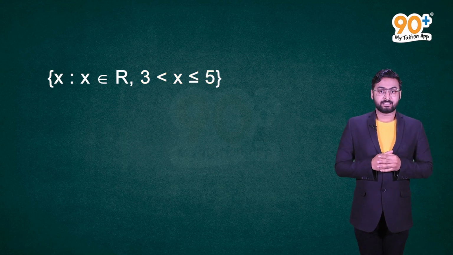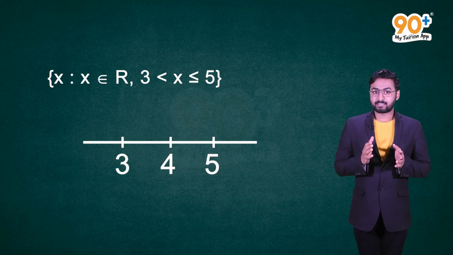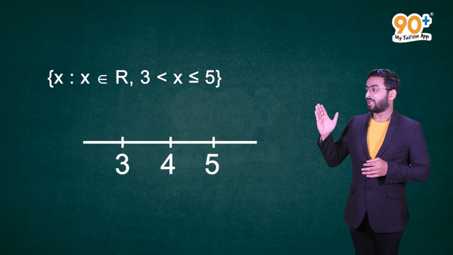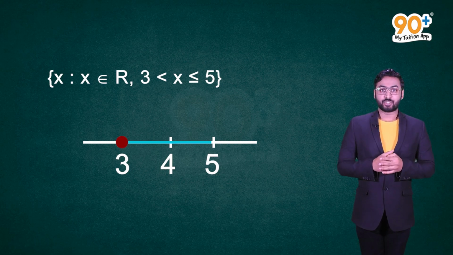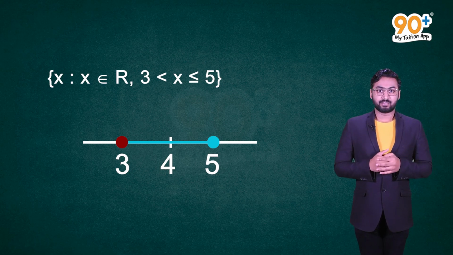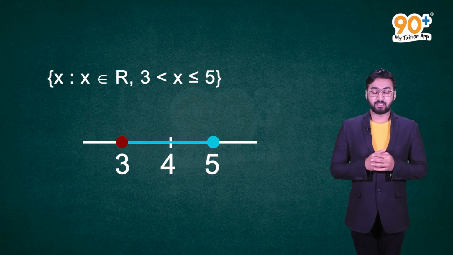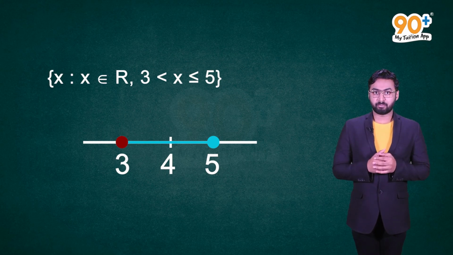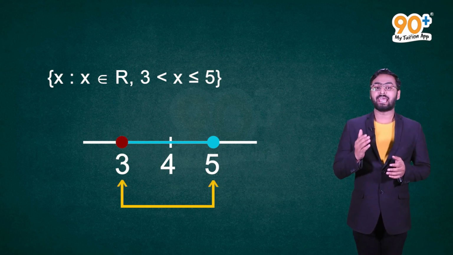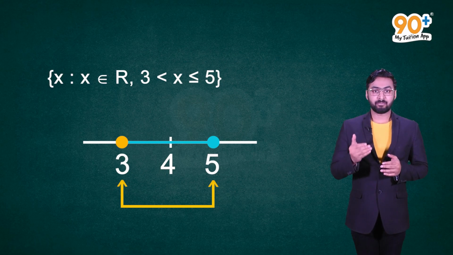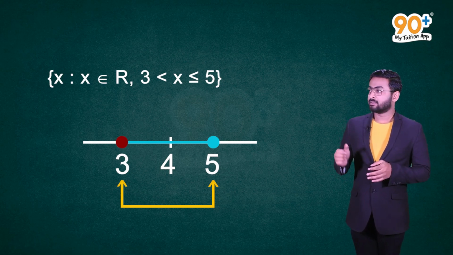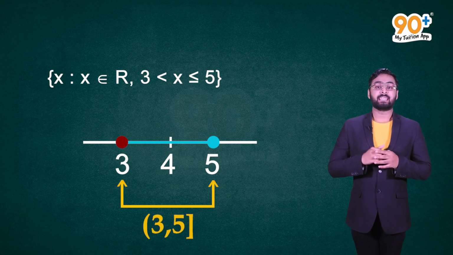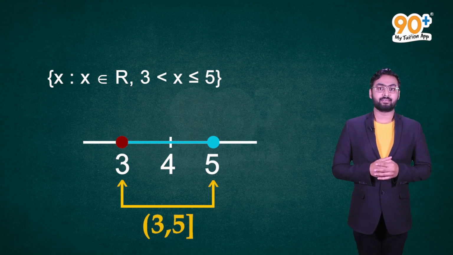Now if we represent this on the number line, we can see the two endpoints 3 and 5, and according to the condition given, 3 is not included in the interval and 5 is included in the interval. So this interval consists of all real numbers that lie between 3 and 5, but here the endpoint 3 is not included, and we can write this interval as (3, 5] enclosed in an open bracket and a square bracket.